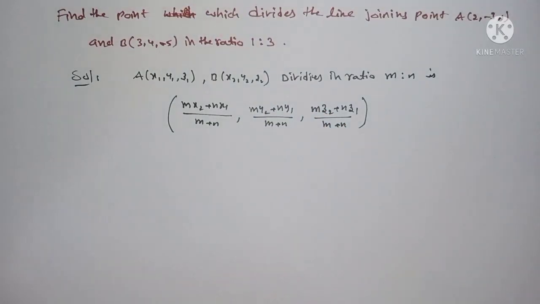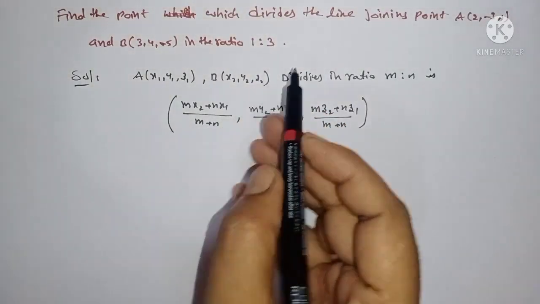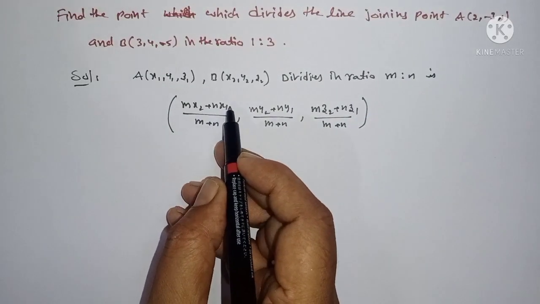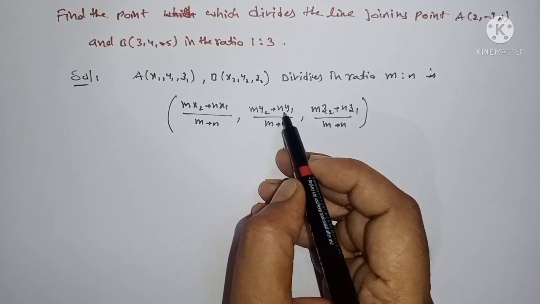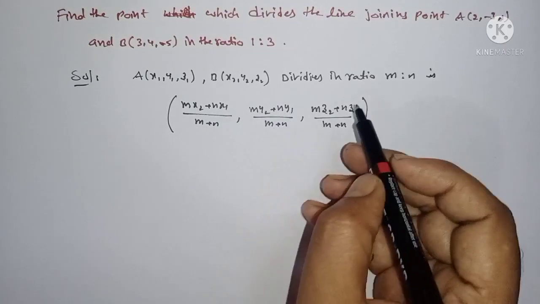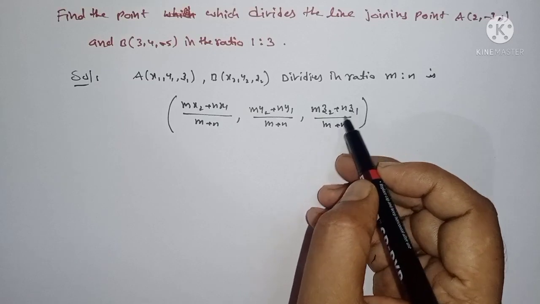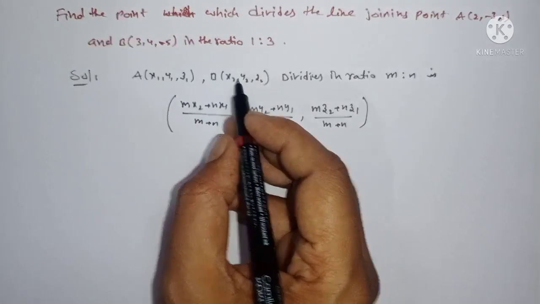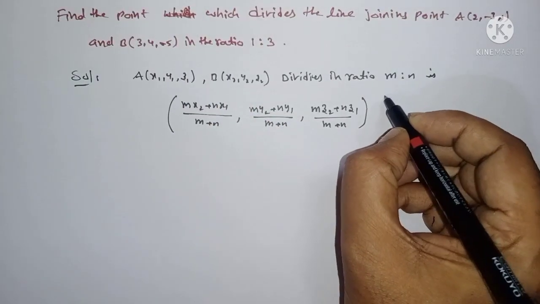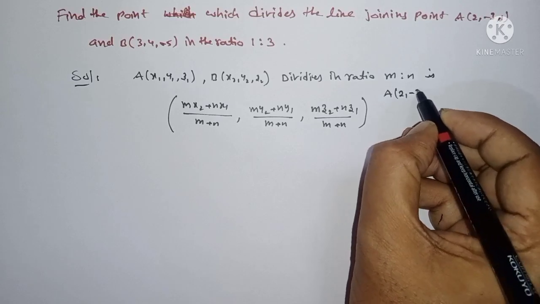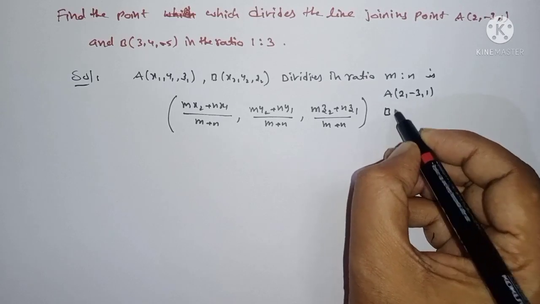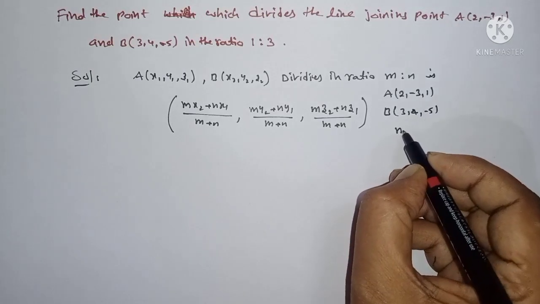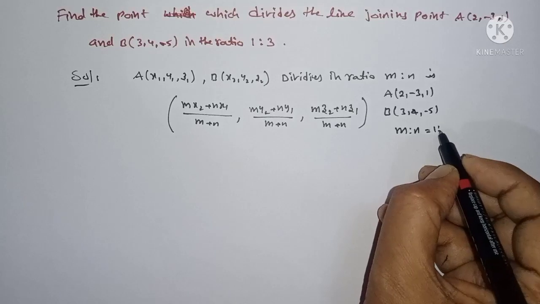Now the formula is, if two points are divided in the ratio m is to n, then (mx2 plus nx1) by (m plus n), (my2 plus ny1) by (m plus n), (mz2 plus nz1) by (m plus n). Point A is 2 comma minus 3 comma 1, B point is 3 comma 4 comma minus 5, and m:n is 1:3.